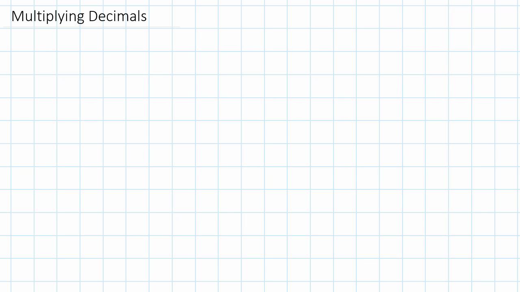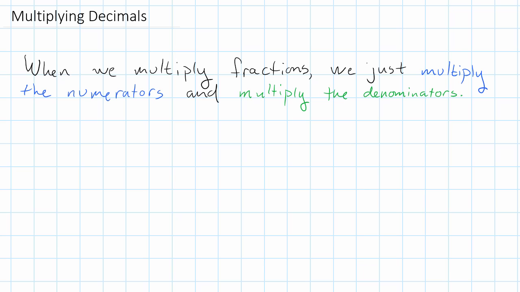The way that we multiply decimals comes from the way that we multiply fractions. Remember when we multiplied fractions, we just multiply the numerators and then multiply the denominators. Right? Multiplying fractions is the easy one.